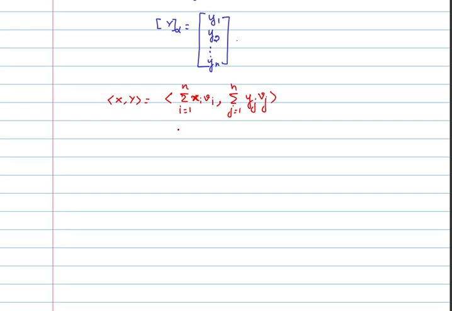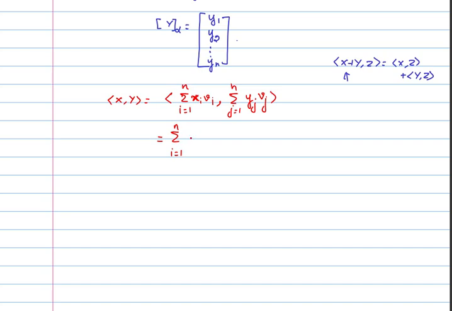Using our inner product axioms, we know the first axiom: x plus y comma z equals x comma z plus y comma z. That is our inner product property. Using the first argument, this is linear. So using that fact, we can take the summation outside because it is a finite sum only.